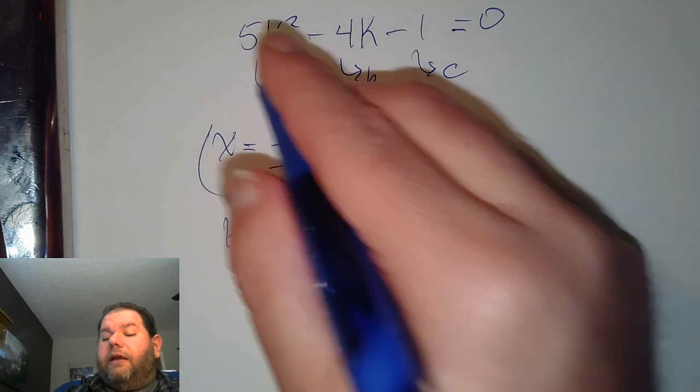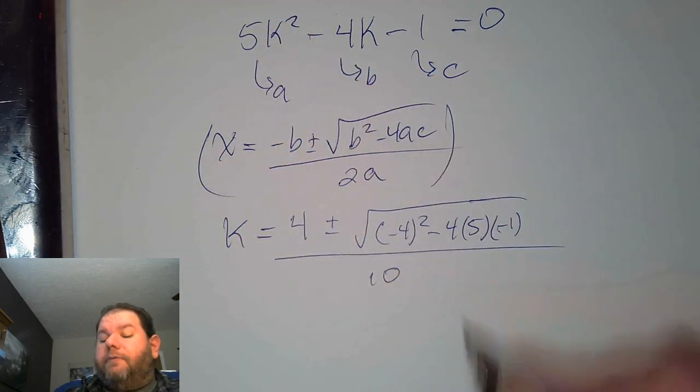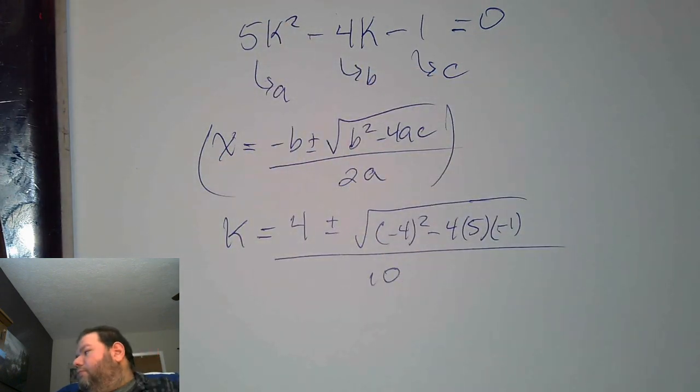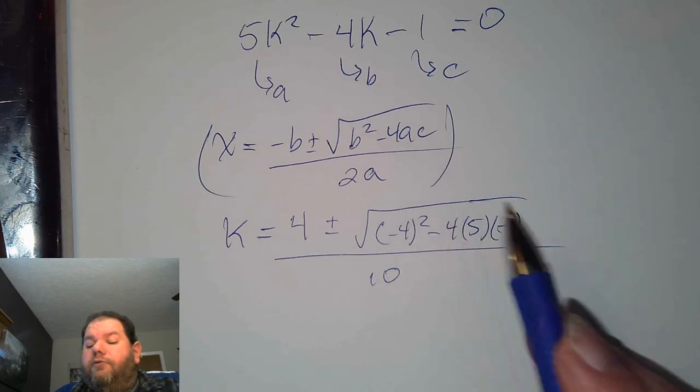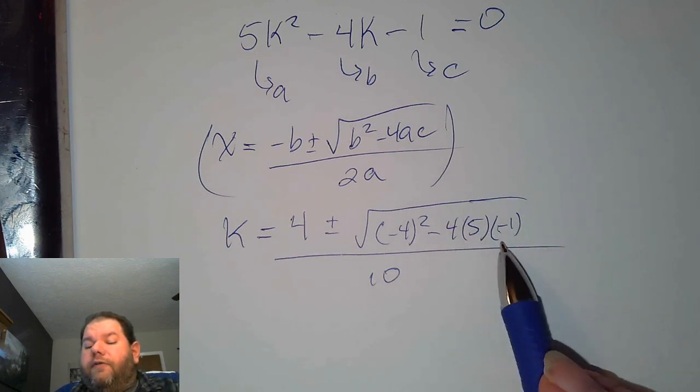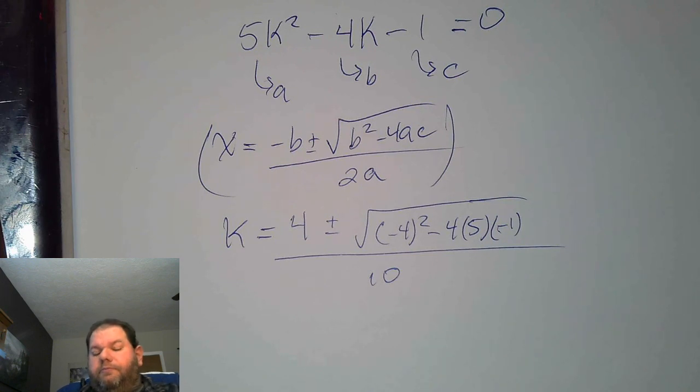And 2 times a, 2 times 5, which is 10 on the bottom. Alright, what does this work out to be under the radical? Negative 4 squared minus 4 times 5 times minus 1. How does that simplify?